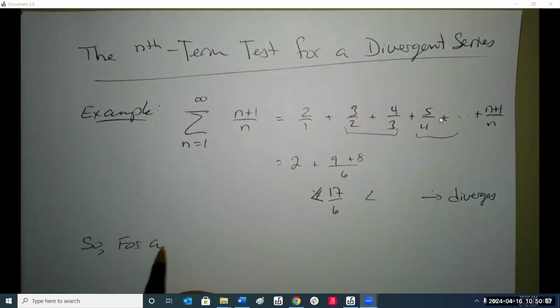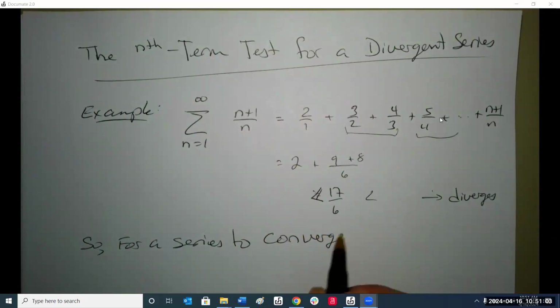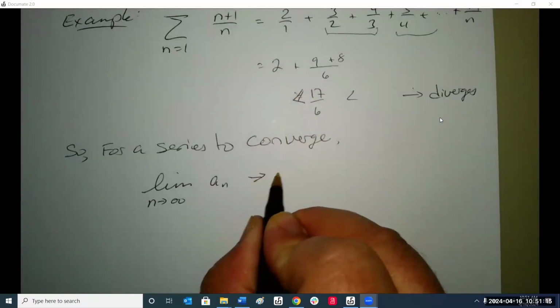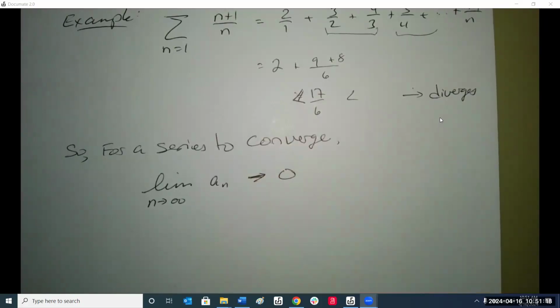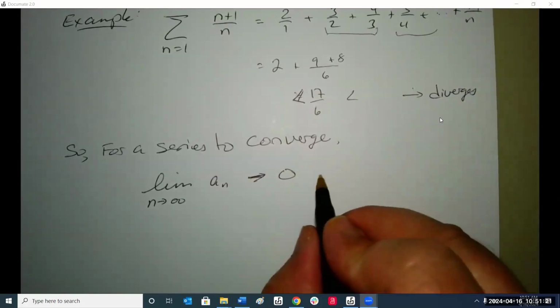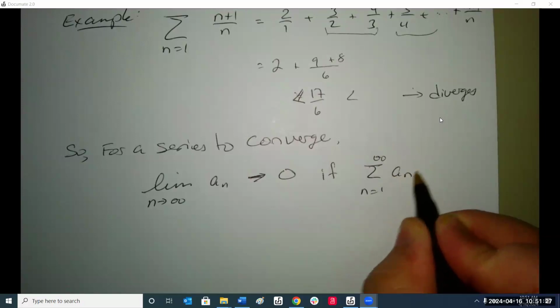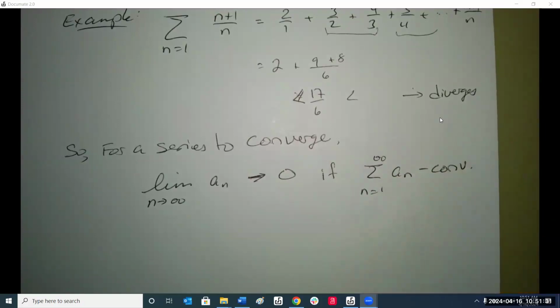So for a series to converge, the limit as n goes to infinity of the sequence must go to 0, if the summation of that sequence converges. Let's talk about theorem 7 first.